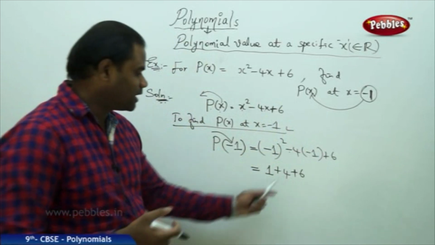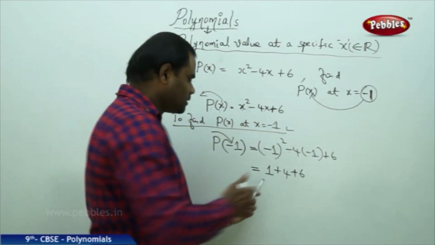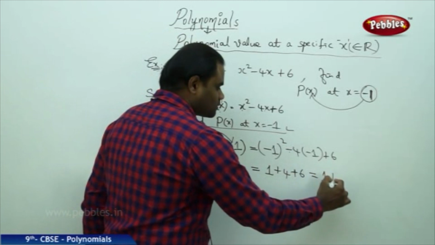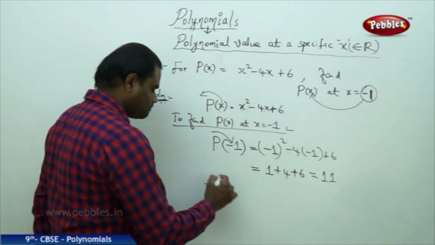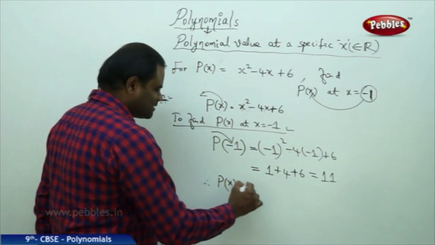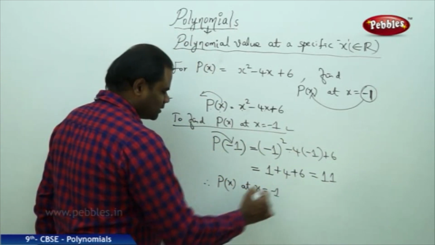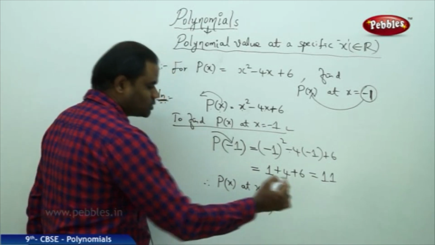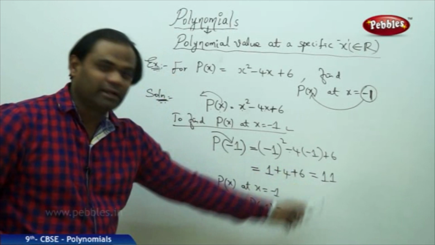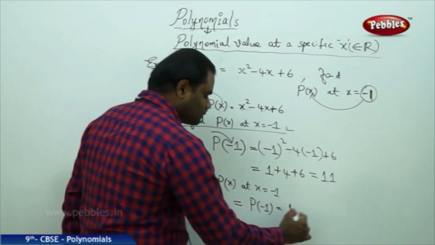This, on further simplification, gives 6 plus 4, which is 10, and 10 plus 1, which is 11. Therefore, p of x at x equal to minus 1 is understood as p of minus 1, which simplifies to the value 11.